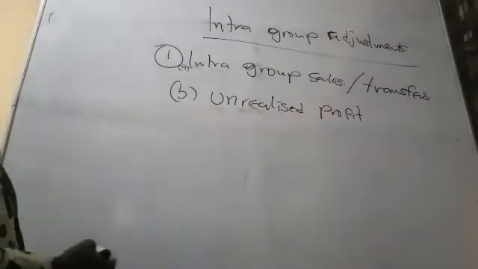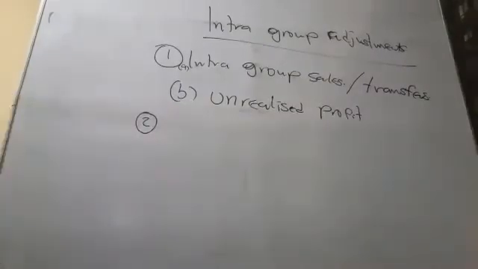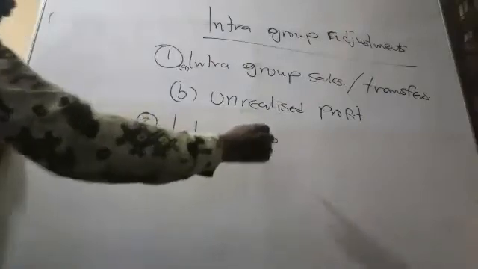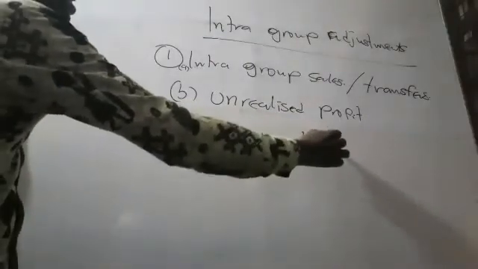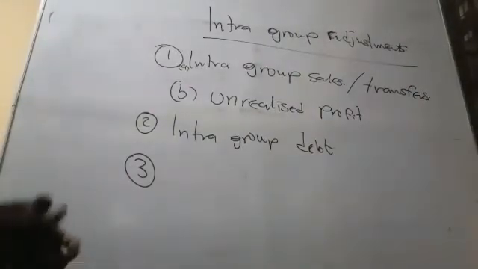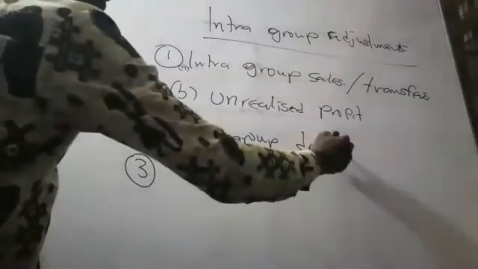Then we look at number two, which is intra-group debt. That is the current asset and current liability, so intra-group debtors and creditors.